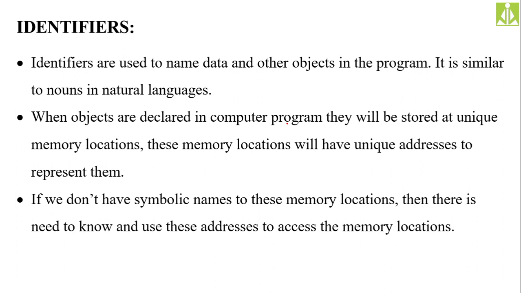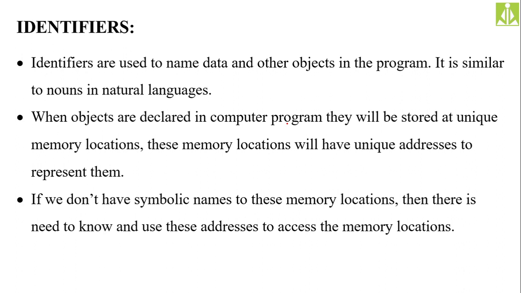In that same manner, when you are learning C language and when you want to write instructions in C language, you need to know how you can name different objects in C language. For naming the objects in English, we use nouns. In that same way, for naming the objects in C language, we use identifiers. So identifiers are similar to nouns.